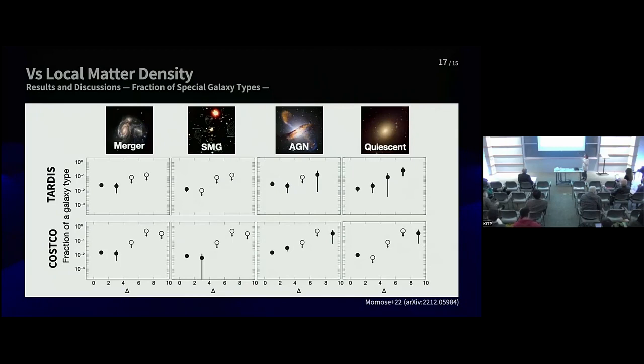So they spend their merger or submillimeter phase in intermediate density regions, and then while they're traveling to the higher density region, they change their phase to AGN and quiescent, and finally they get into the cluster center.